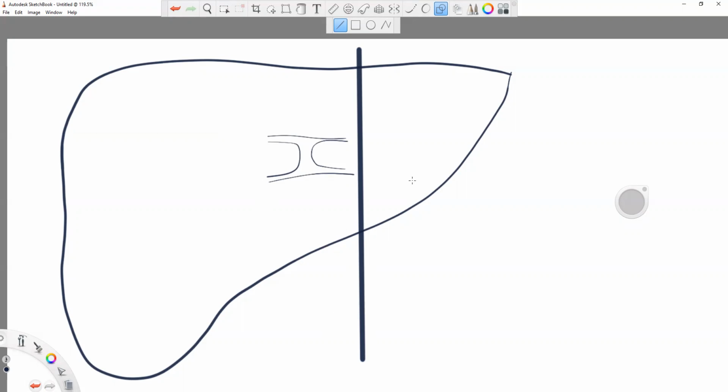So the body, remember, I know I mentioned this before, left, right, well, how about this? Right, left, okay? That's the midline of the body.